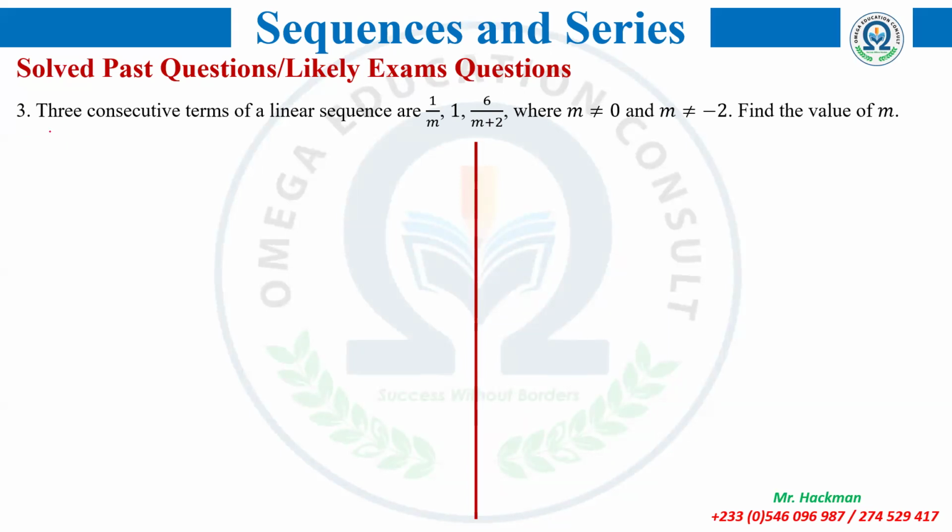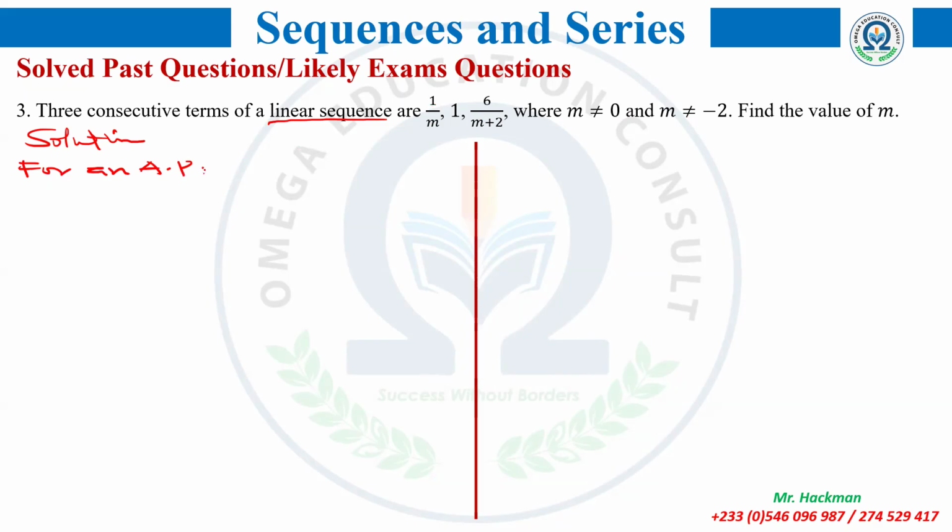So here, this is all that we are going to do. Solution, like we did in the other one. I'm dealing with a linear sequence. This condition is very critical. I need to find the value of n. So for an AP, you are supposed to get a common difference.